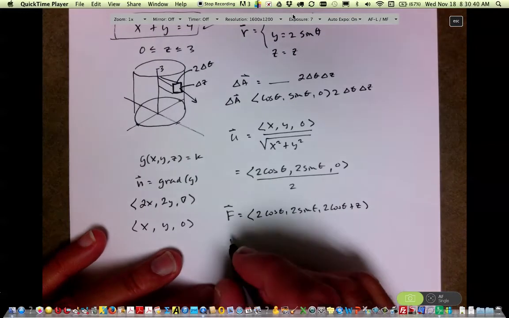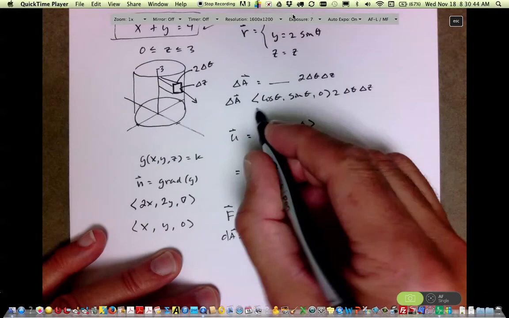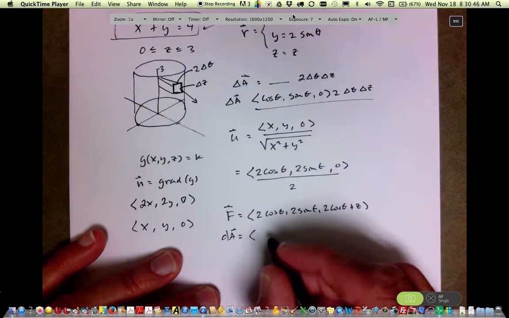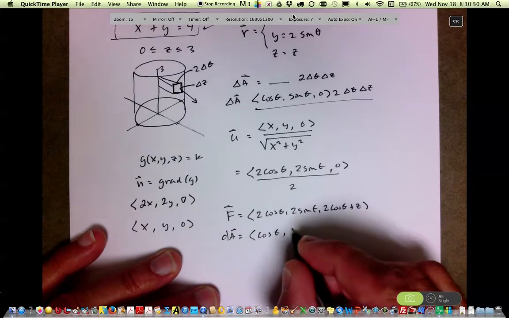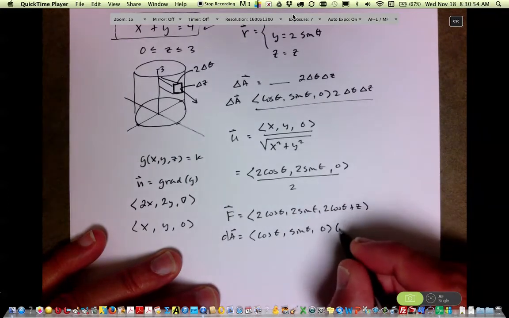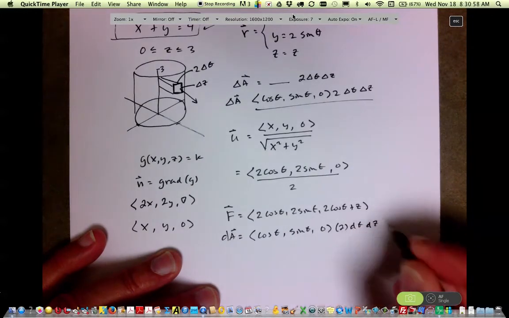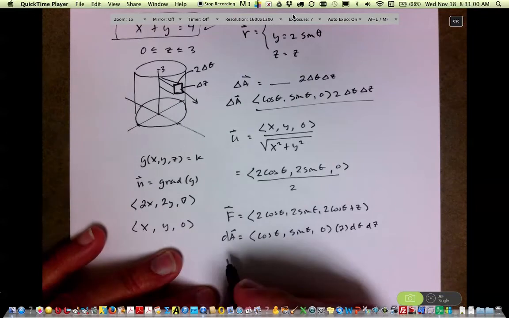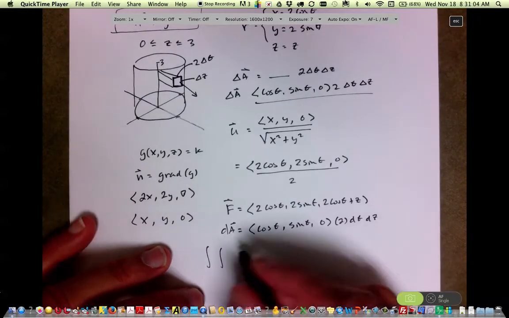Okay, and then dA is from up here: cosine theta, sine theta, and 0, times 2 times d theta dz. All right, and if you set up the integral for this one, you're going to have a double integral.